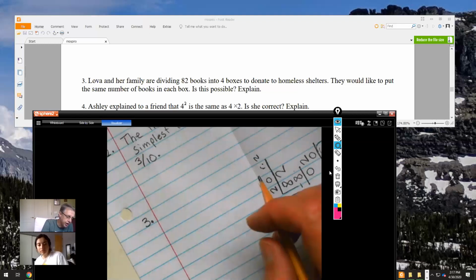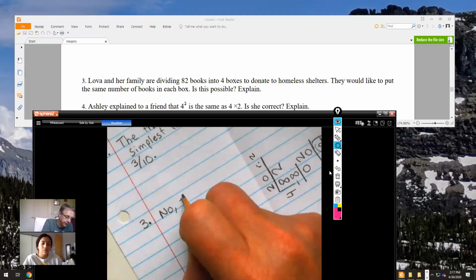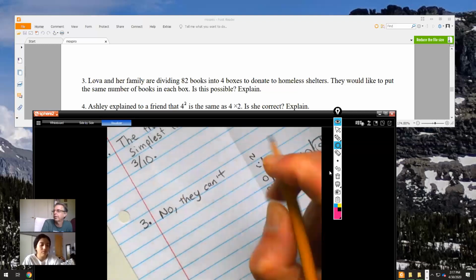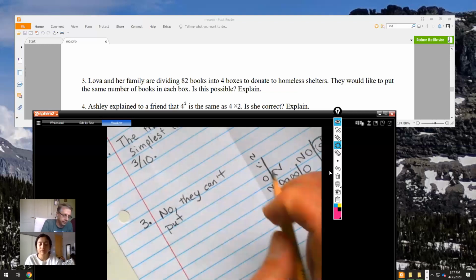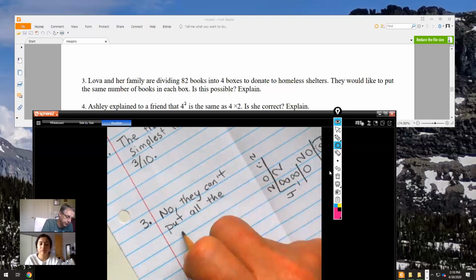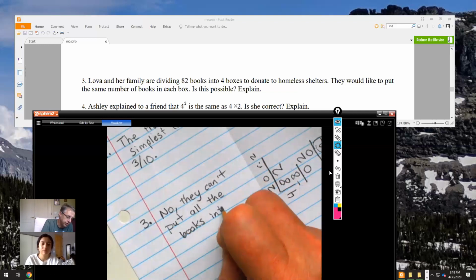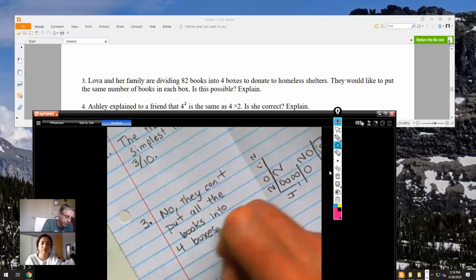I'm going to say, no, they can't put all the books into 4 boxes equally.